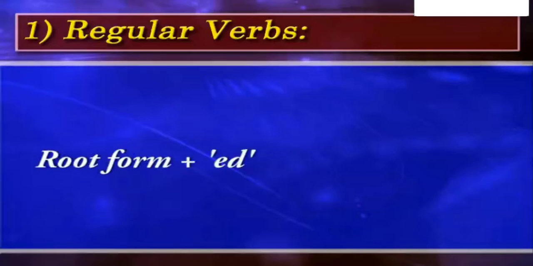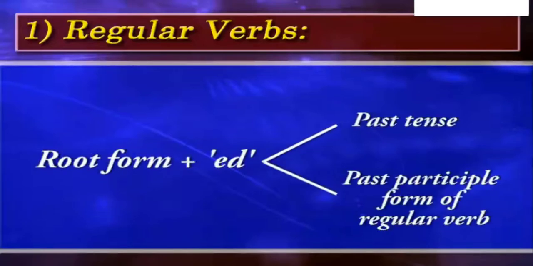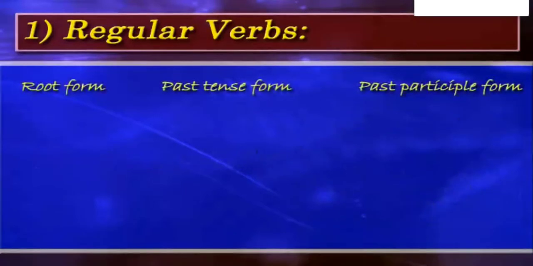You can carefully observe that the root form when appended with ed, forms the past tense and past participle form of the regular verb. In root form, work. In past tense form, worked. In past participle form, worked.